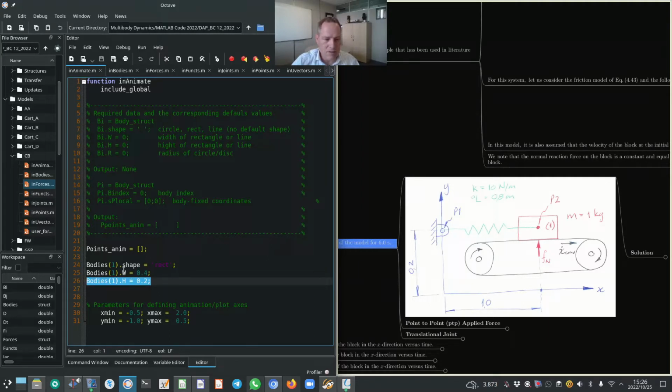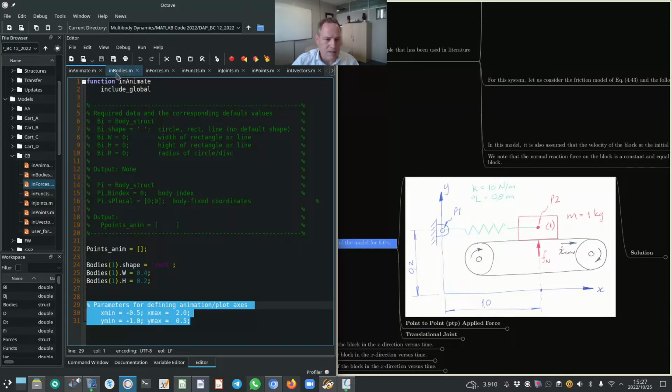But this is not anything new. We have defined blocks in some of our previous models as well. Then this is also similar to all our previous examples, the parameters for defining the animation or plot axes, and this, as you already know, defines the window size for our animation.